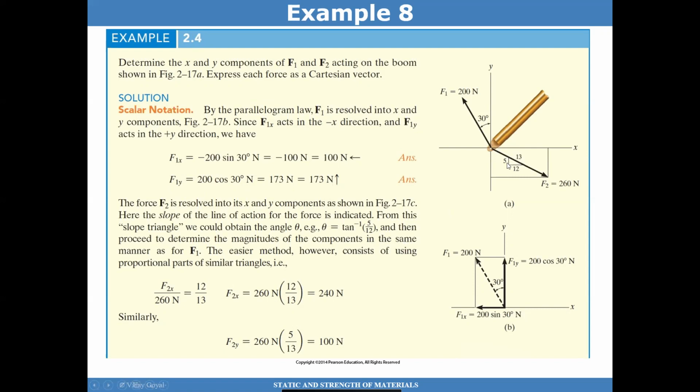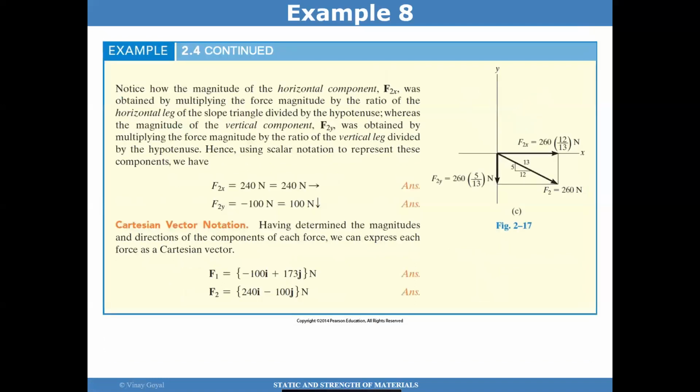You can just find these angles using geometry, and then use F2 times the cosine of this angle to project into X, and then F2 projected into the Y-axis to get the vectors F2x and F2y, representing that force in the X and Y-axis. And so that's what they've done. And so in Cartesian notation, you can also write those vectors very quickly.